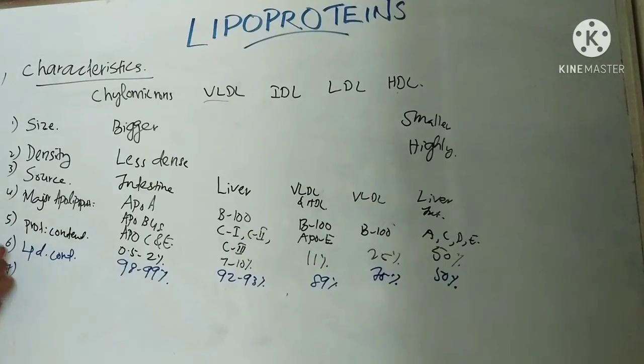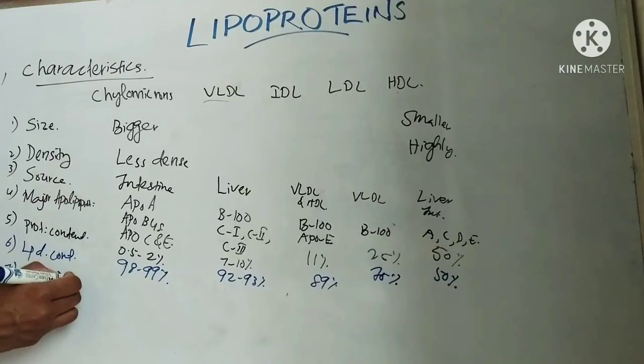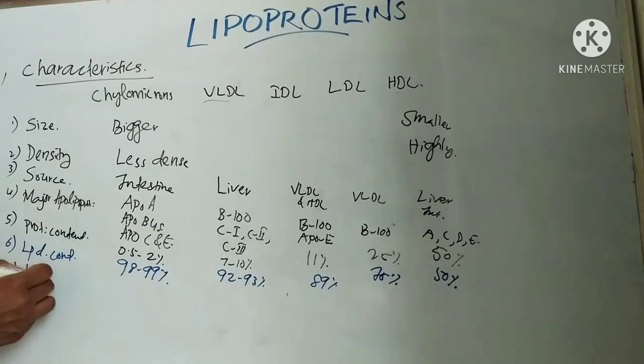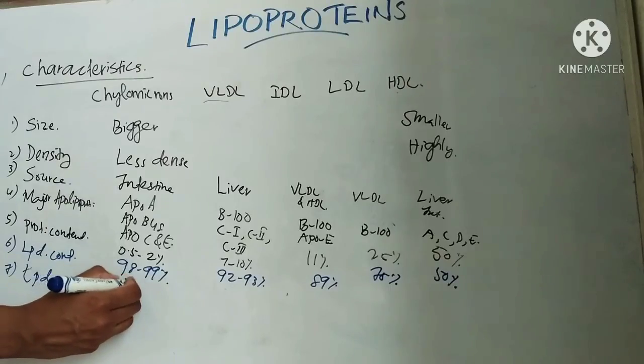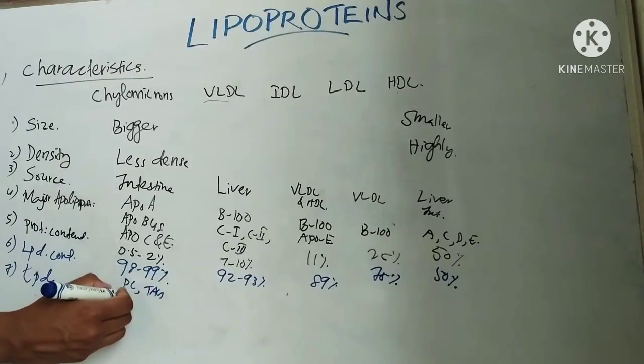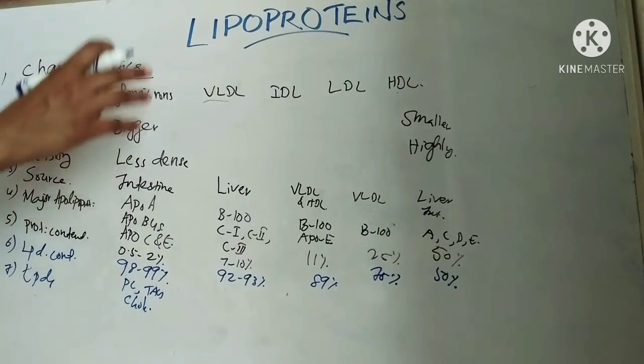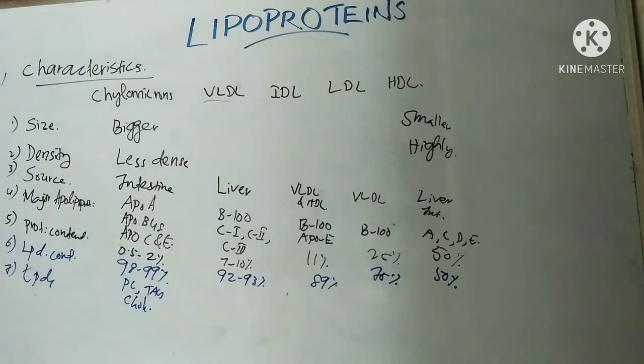Then the major lipids in chylomicrons are triacylglycerol, then phospholipid and cholesterol. Then in VLDL it will be triglyceride.